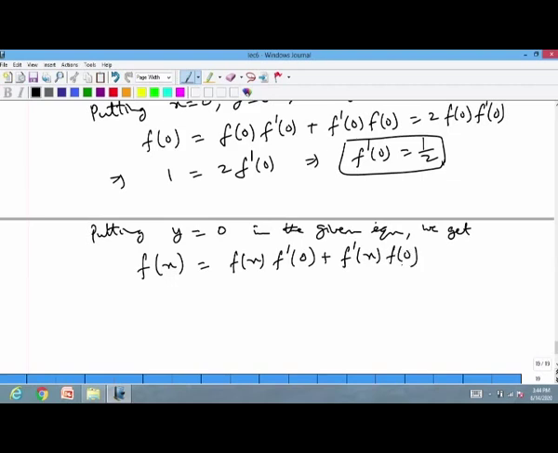Now, we have already calculated the value of f prime 0. So, this is equal to f x times half plus f prime x times 1.